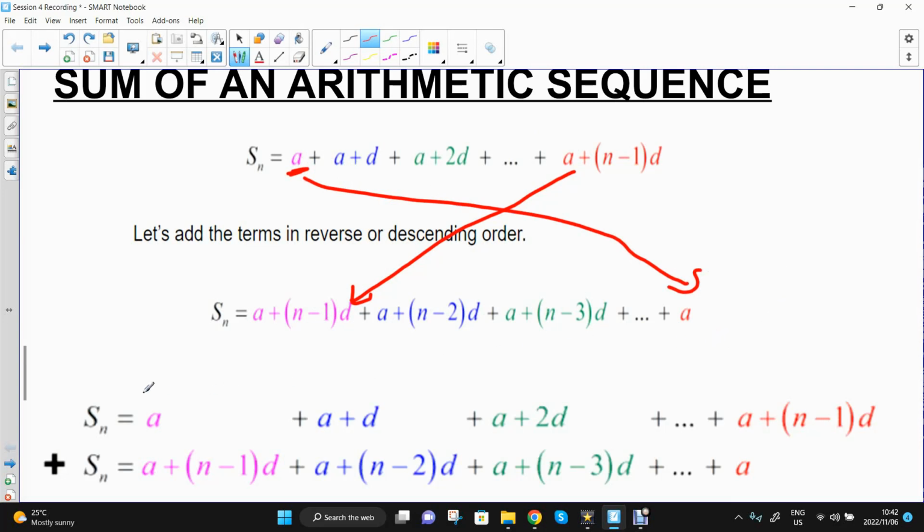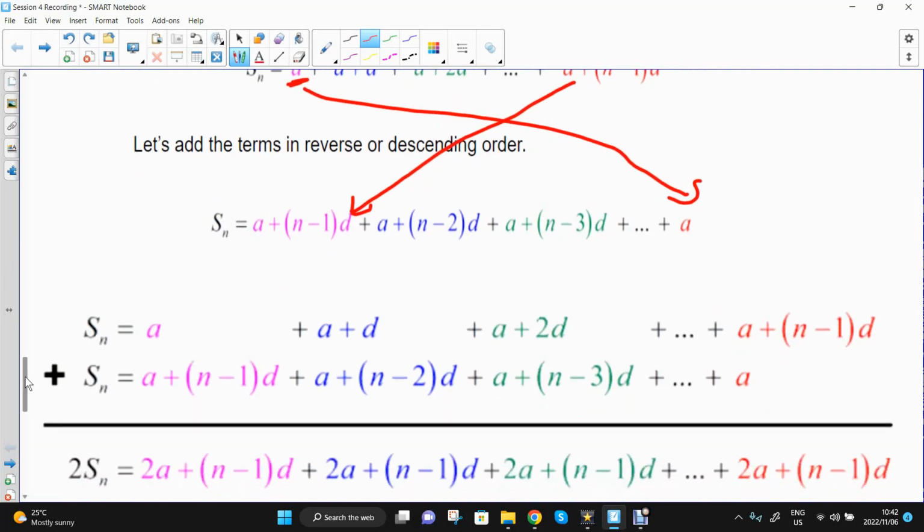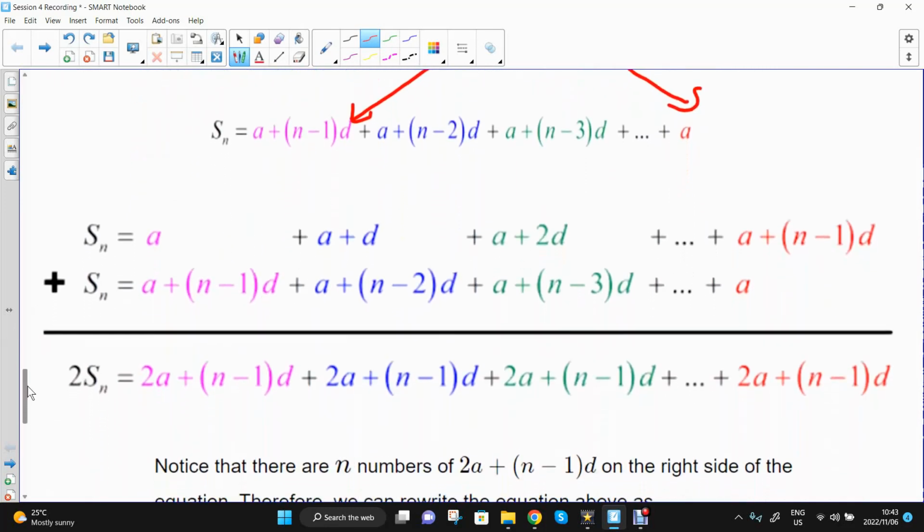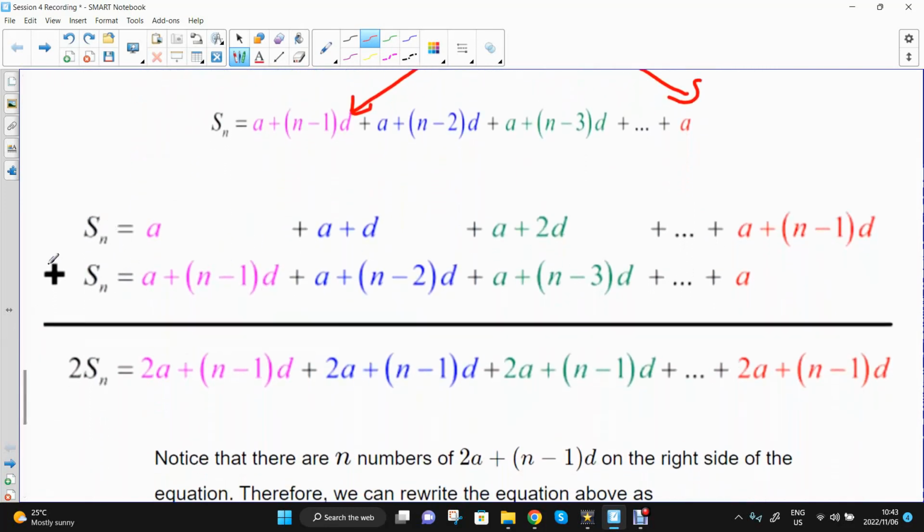And finally, we are now going to add. So we add these two sums together, but we add them vertically. You'll see here, I did it here for you. So the sum n plus another sum n is going to be 2 sum n's. It's almost like saying x plus x is 2x. I'm just keeping Sn the same.